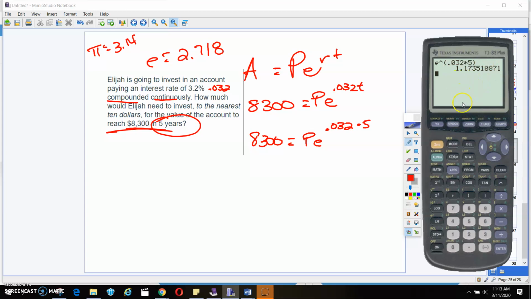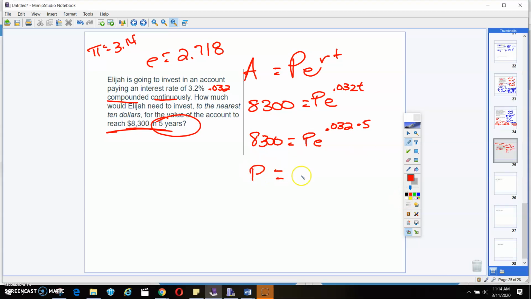Try not to round until the very end, though. So you're going to take 8,300, and you're going to divide by this. When I hit enter, I'm going to have P equals 7,072.79.